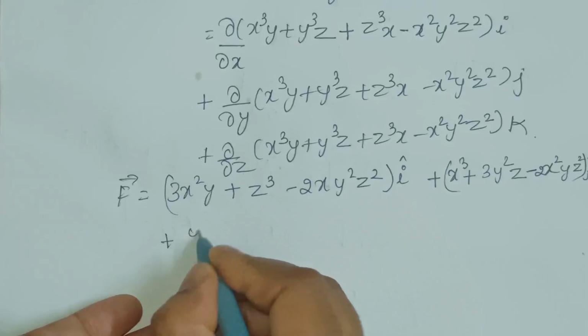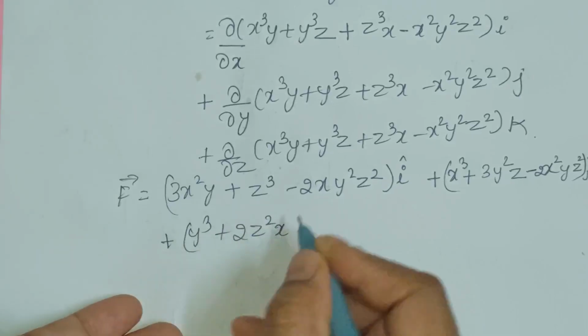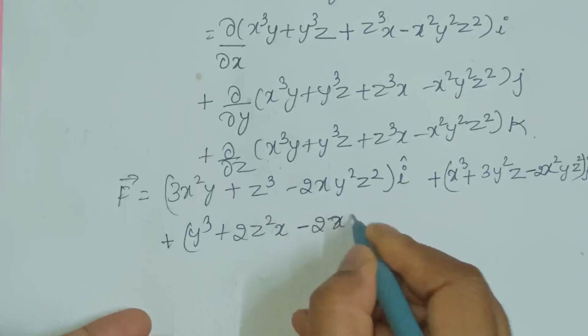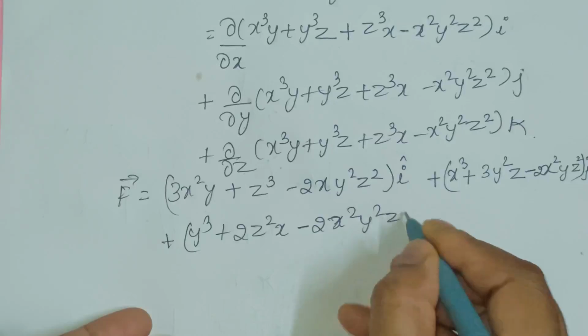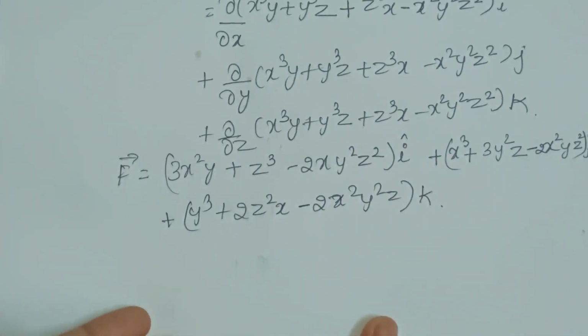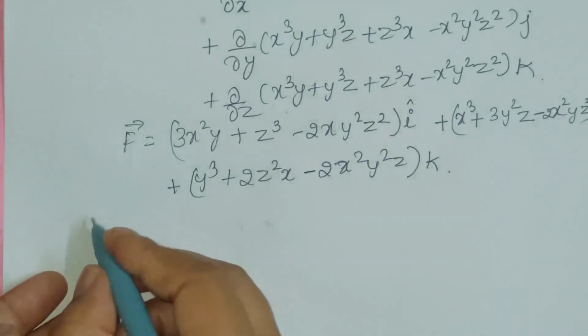So this is going to be y cube plus 2z square x minus 2x square y square z into k. Done.